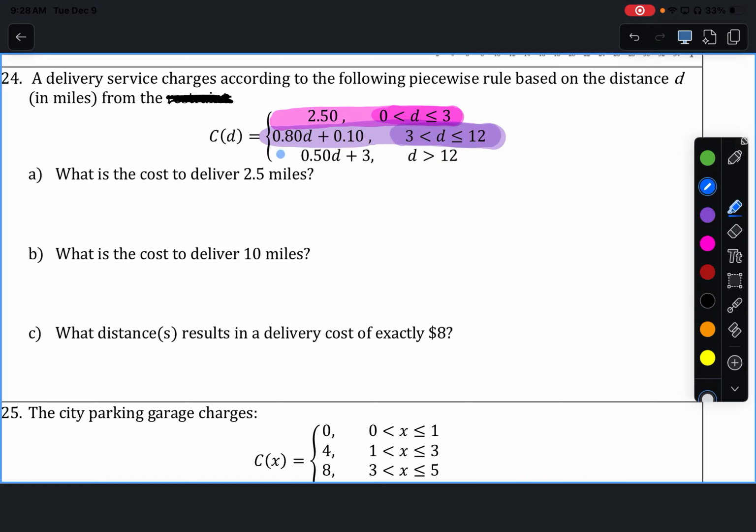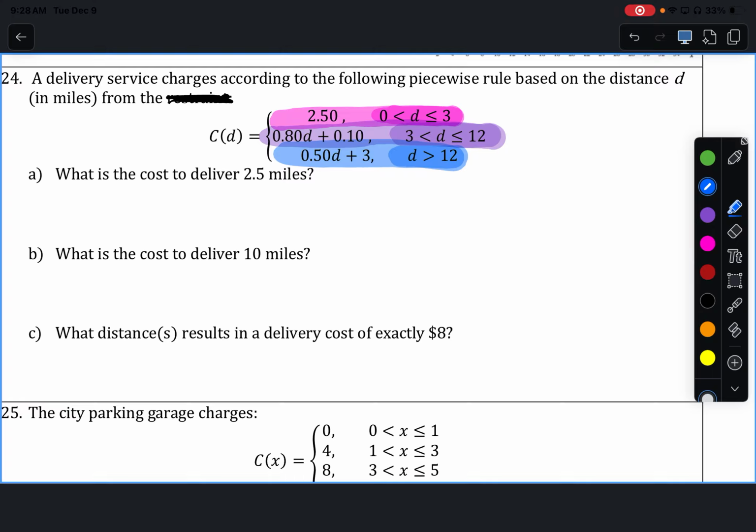And it is 0.5D plus 3 when D is greater than 12. Which one of those three equations would you plug into to figure out the cost to deliver at 2.5 miles away? The first one. What would you do to find the cost to deliver for 10 miles? Which equation would you use? The second one, and you just plug it in.